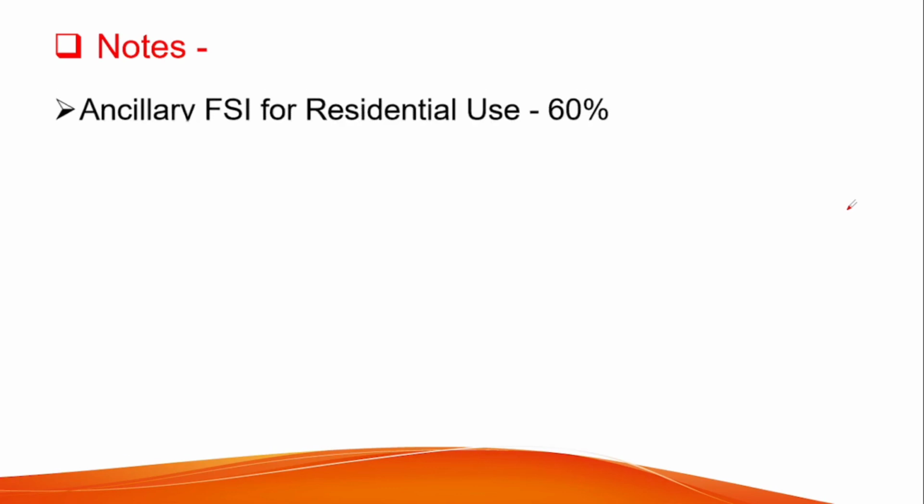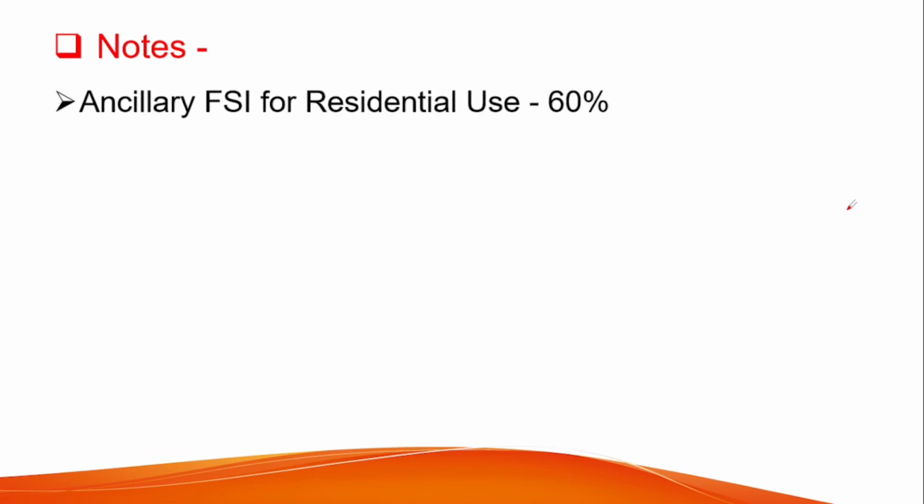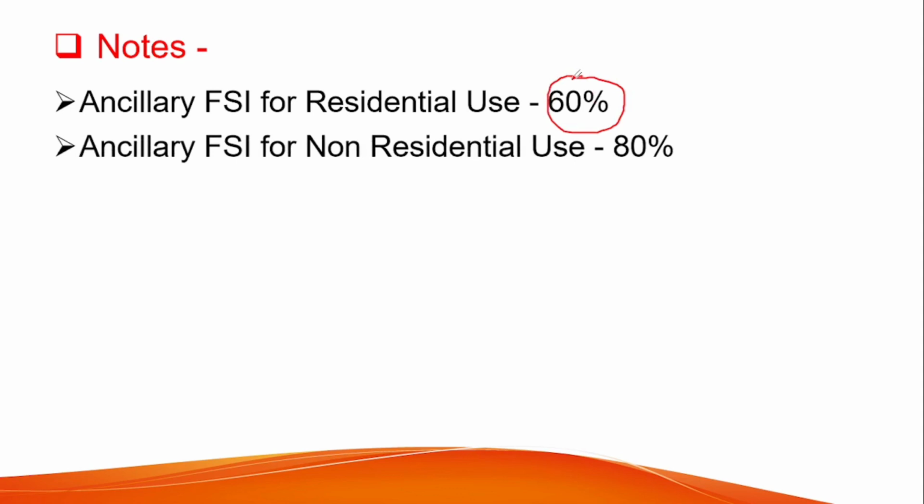Okay, so what are the notes given below this table in UDCPR? Let's see. As we have mentioned in the first lecture of this chapter, the ancillary FSI for residential use is 60% in this case, and the ancillary FSI for non-residential use is 80%.